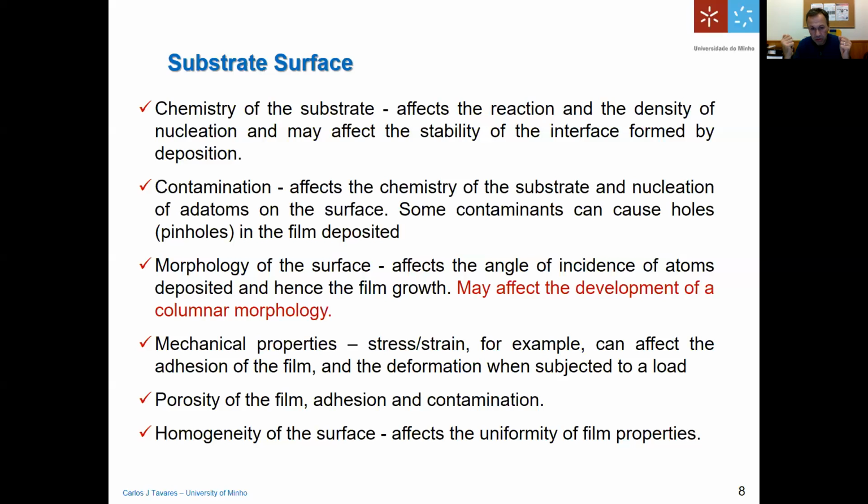For example, if you need to work on thin films for optical applications, and you do take into account the substrate on which you're making this optical thin film, then you will see that bad preparation of the surface will hinder the most desired optical properties that you require for this thin film.